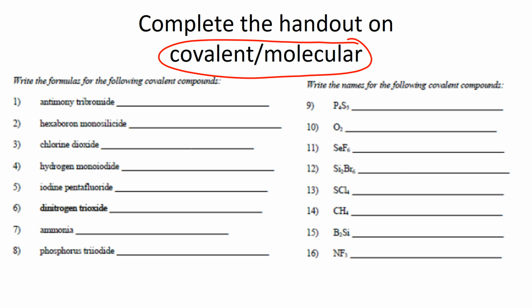So looking at like this one, antimony tribromide. The key thing there is that prefix tri. That tells us that there's going to be a 3 somewhere in this. Antimony, we just have to know the symbol, and if that's not one of the ones I assigned, then you just had to kind of look it up. But antimony is Sb, and then we have bromine, Br, and it's tri, 3.